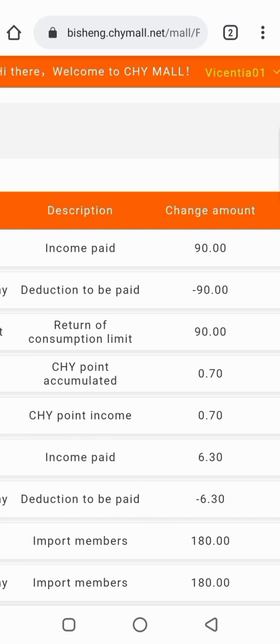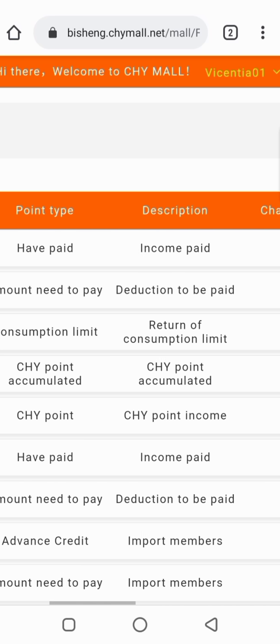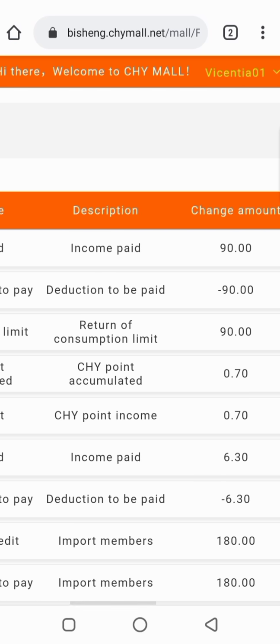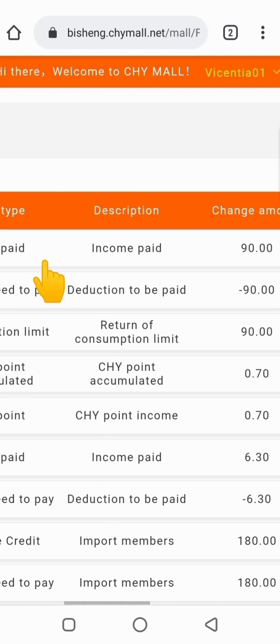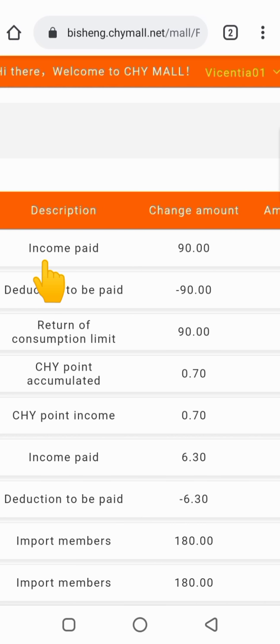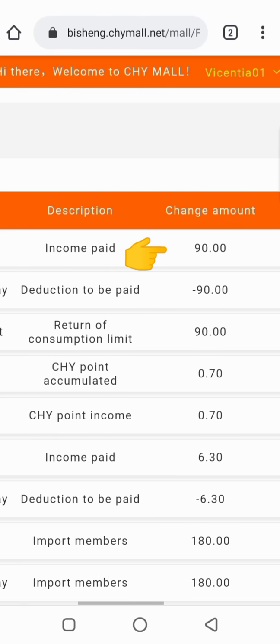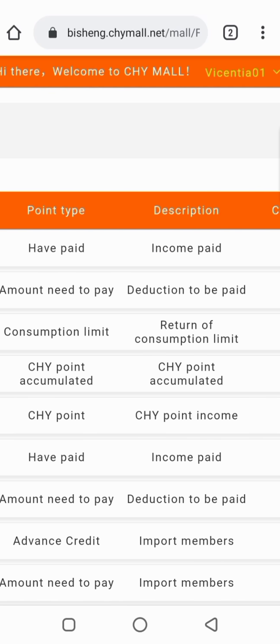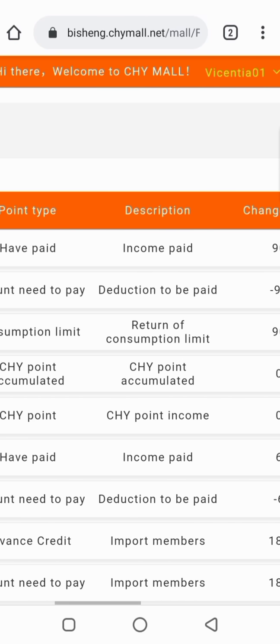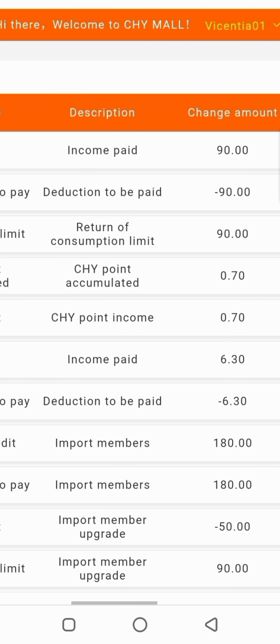So for those who are looking for the trading capital, sorry about that, the trading capital was also deducted. You can see it here: amounts needed to pay, deduction to be paid, minus 90, and have paid 90. If you make the calculation, you can see it here under income paid. I have paid my $90, and then I have paid another 6.3.